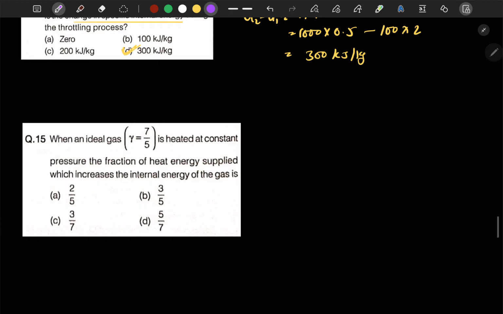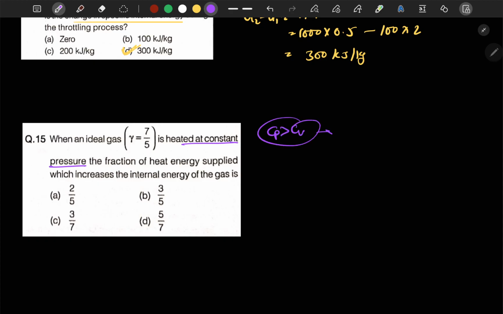When an ideal gas with gamma equal to 7/5 is heated at a constant pressure, the fraction of heat energy supplied which increases the internal energy of the gas is, okay, heated at constant pressure. As I told you earlier, Cp is always greater than Cv.